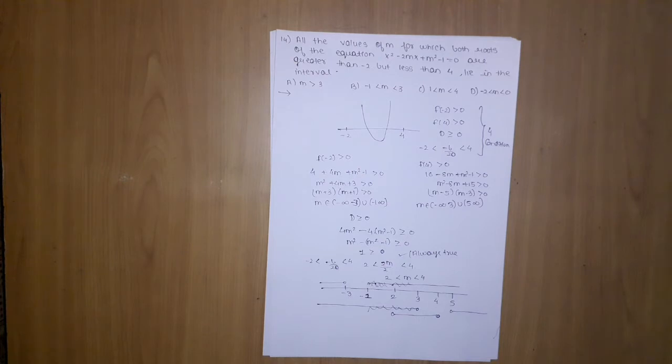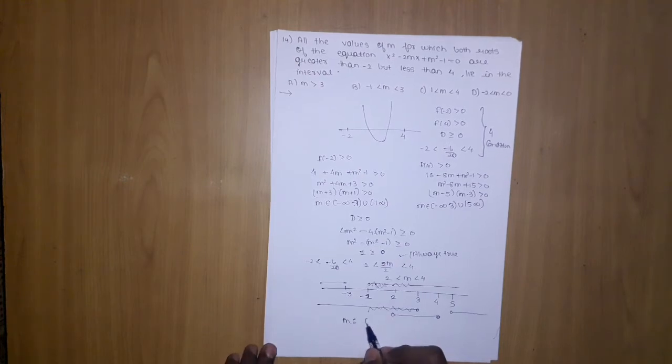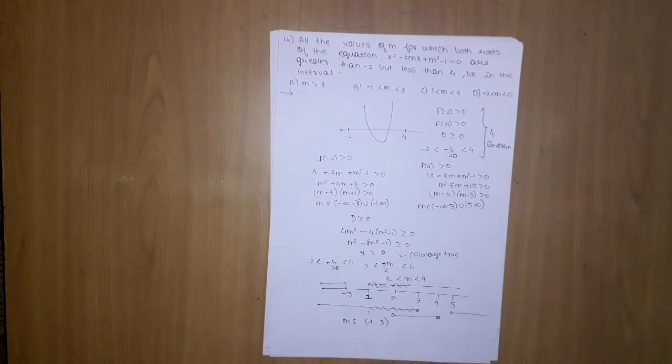So m belongs to minus 1 to 3. Okay, m belongs to minus 1 to 3. There is something, some mistake we are making. Minus infinity to minus 3, minus 1 to infinity, minus infinity to 3, 5 to infinity.